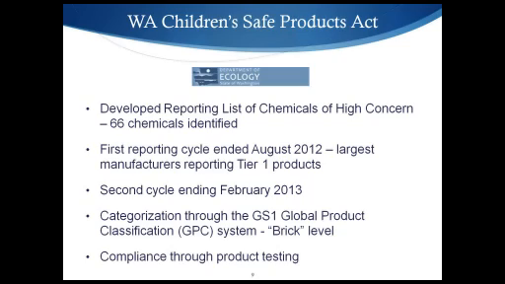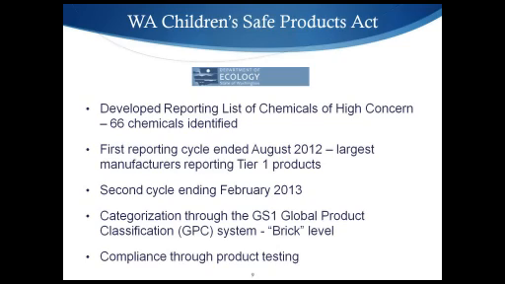The categorization of products is done through the GS1 Global Product Classification System at a quote-unquote brick level. We'll talk a little bit more about that as we look at the system. But categorization and the way that products are grouped is a very important thing. We certainly have learned a lot through our work already with the Mercury Added Products database about categorization and some of the challenges and benefits to that.